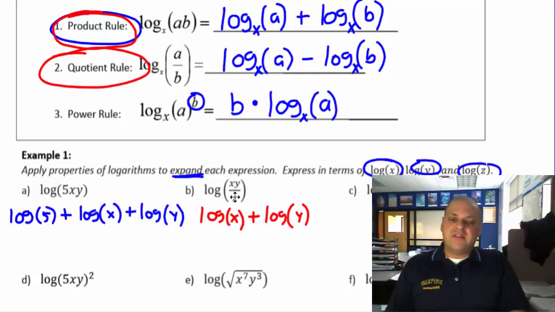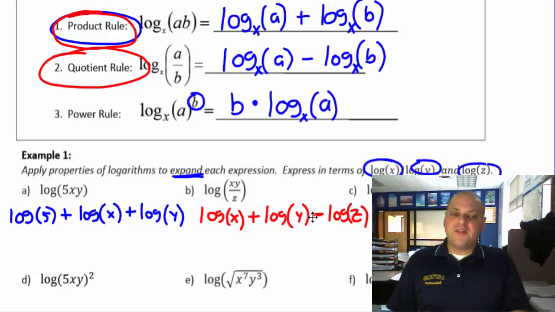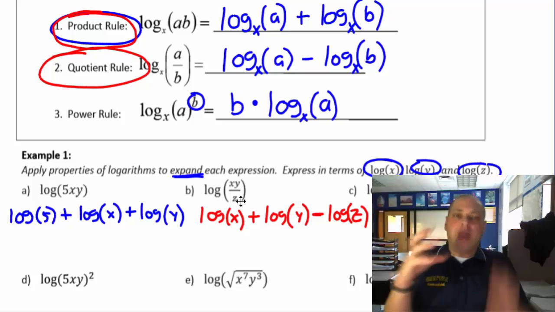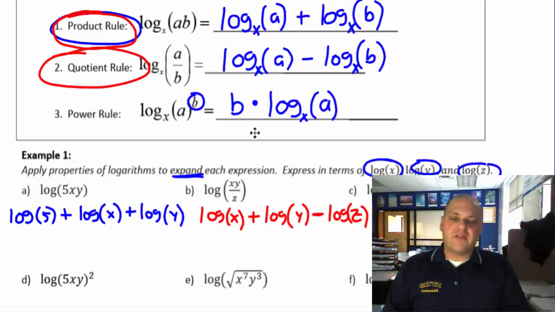And then see how it's division? So we're going to say minus log z. So notice how in expanded form, everything gets its own log. Everything in the argument basically gets its own log. Okay, every base x, y, z, everything gets its own log.